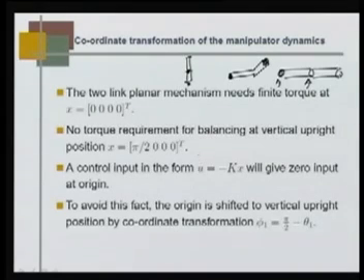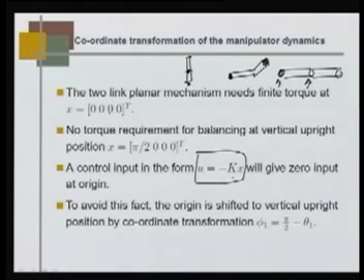If I assume my control input u is minus kx, that will give 0 input at the origin. If I define this as the origin, I would require finite torque, which is not possible, but here I require 0 torque, hence I can define this to be the origin and implement u equal to minus kx.